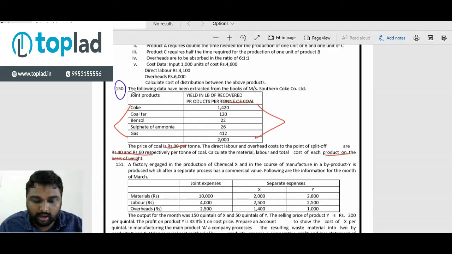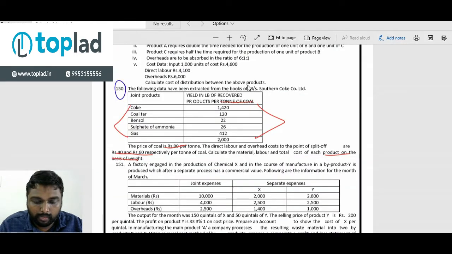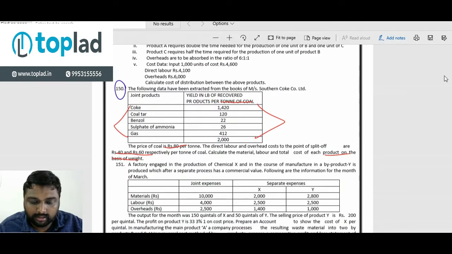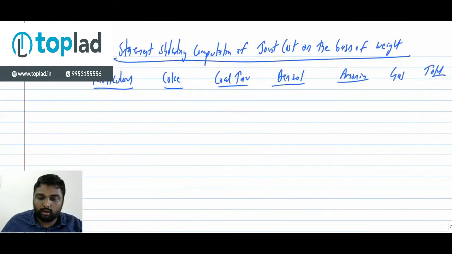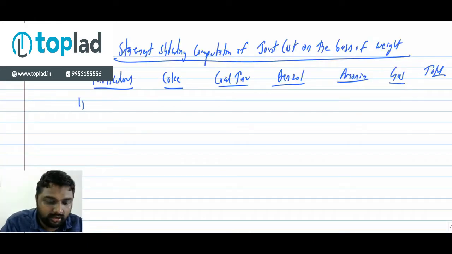What are the products we have? Coke, coal tar, benzol, sulfate of ammonia, and gas. So first we will write the weight.